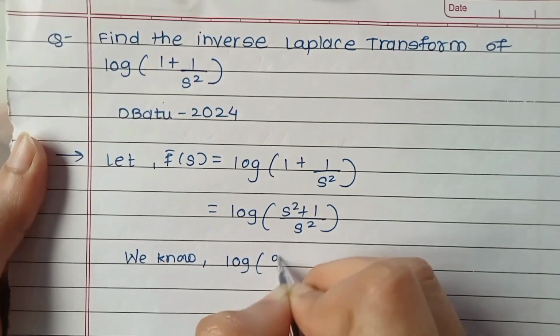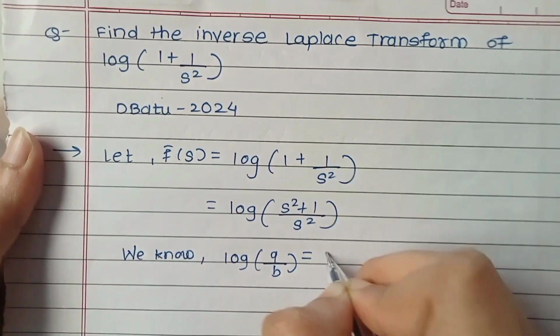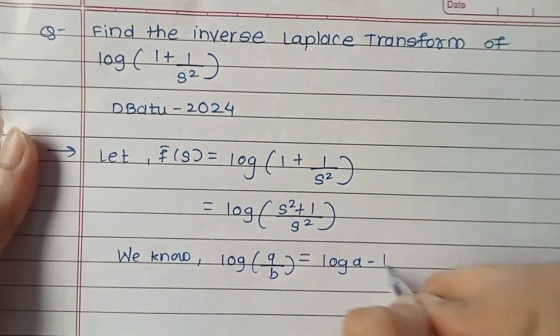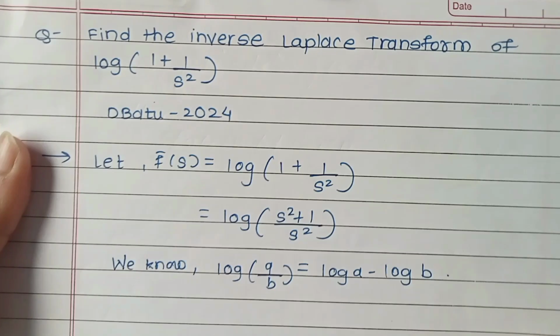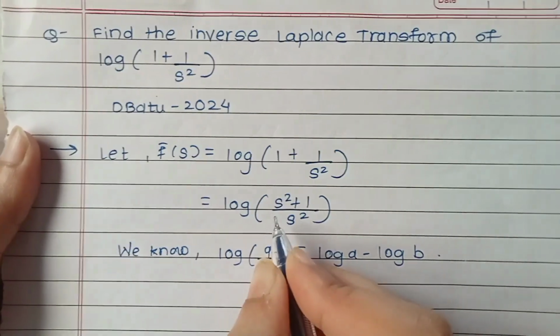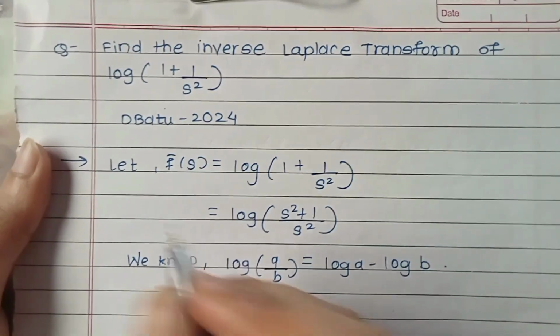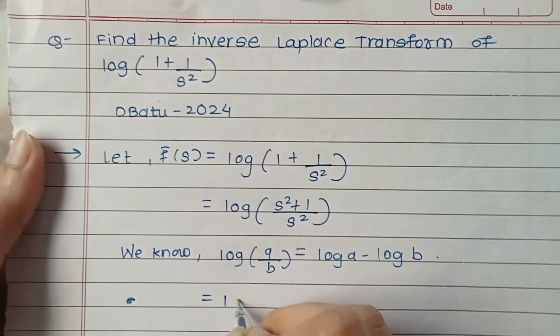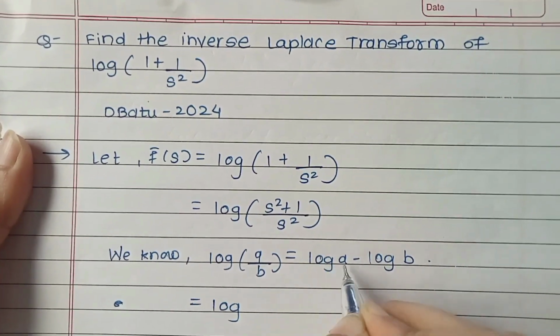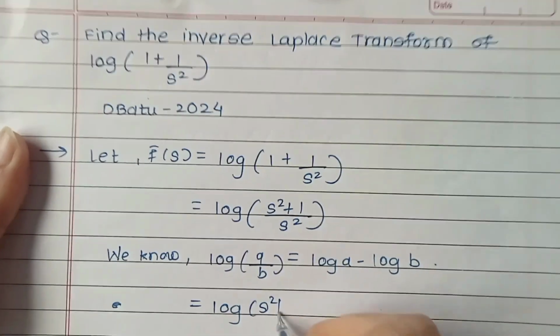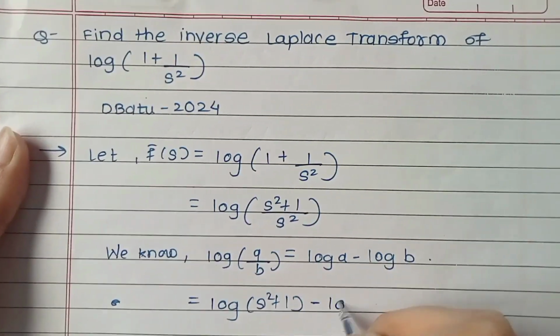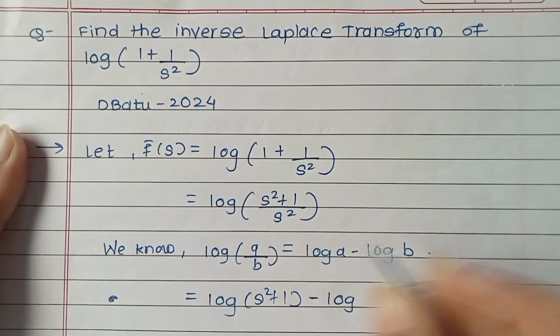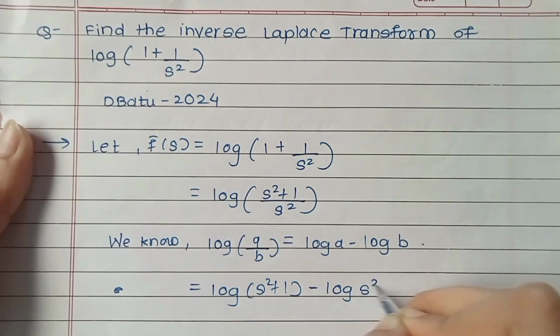log of a upon b is equal to log a minus log b. We will apply this property to the above term. We will get f bar of s equal to log of, what is the a over here? First term, s square plus 1, minus log b, the second term at the denominator, that is s square.